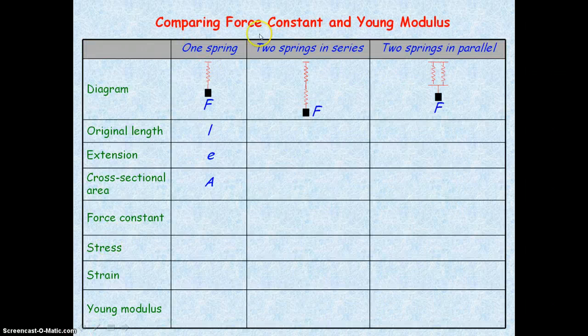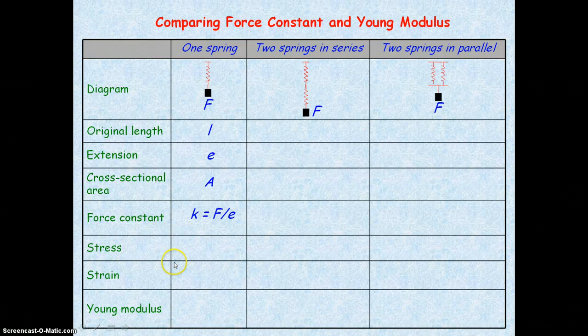We're now going to compare the force constant and Young's modulus with three different spring combinations. First we're going to look at a single spring on its own, which has a force F applied to it. The original length of the spring without force F was L, and then applying force F, we get an extension E, and the cross-sectional area of the spring is A. So the force constant for this spring is force divided by the extension.